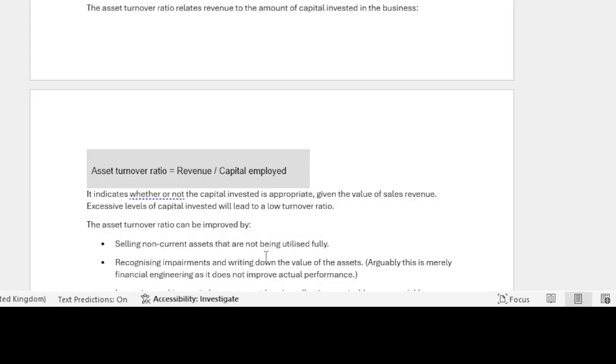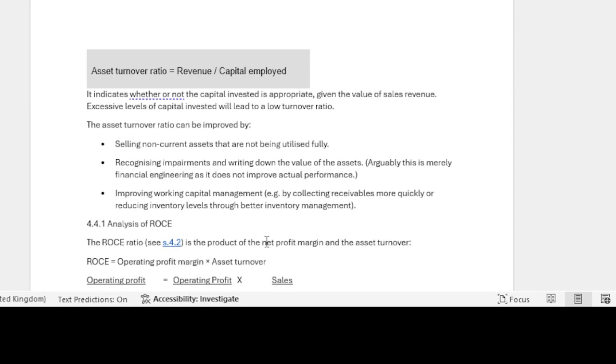Also, you check the impairments and the writing down of the values of different assets. If you've not been doing so, it means that the amount of capital employed is going to keep high, yet it should be lower because of the different impairments that have been incurred, or the depreciations that have occurred on the assets that we had purchased in the running of the project.